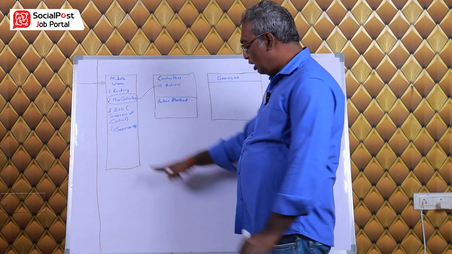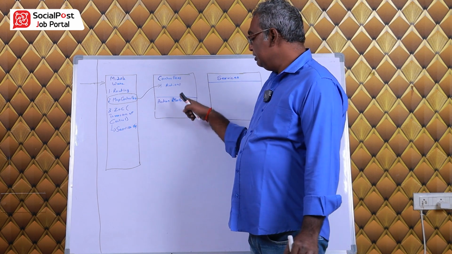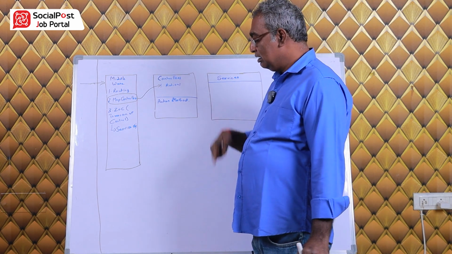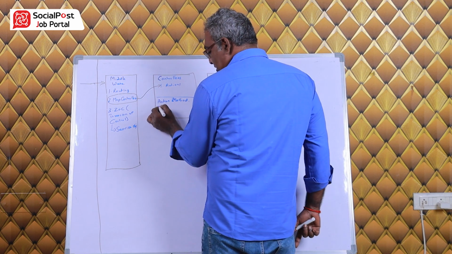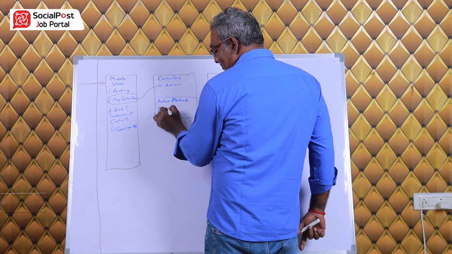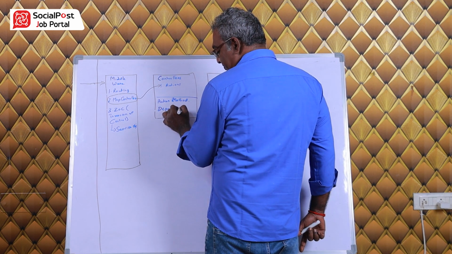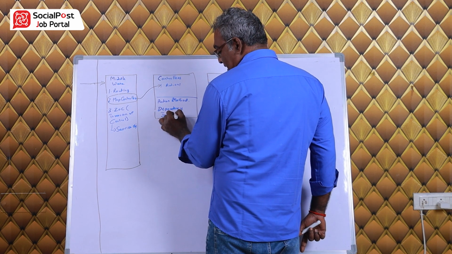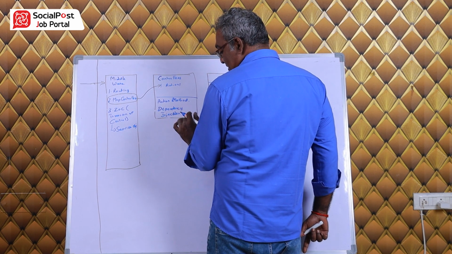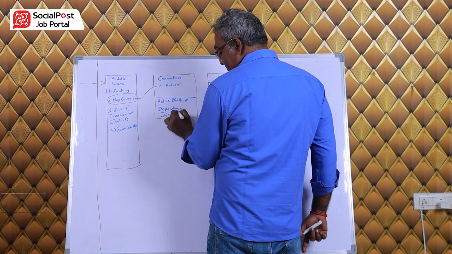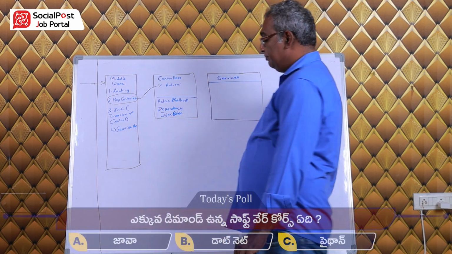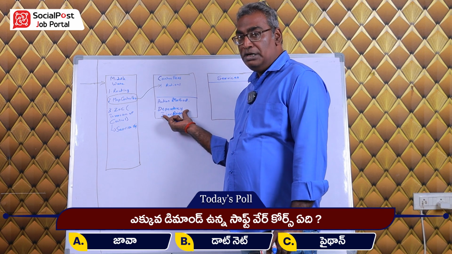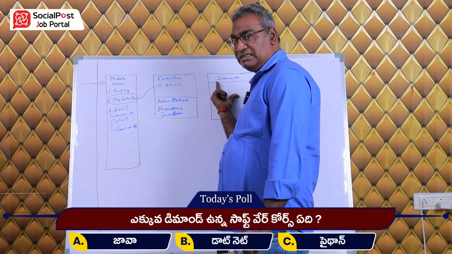That object you are going to use in the controller. For that, you should have a concept called dependency injection. Right? Did you get my point? So this dependency injection is holding the object of this service.